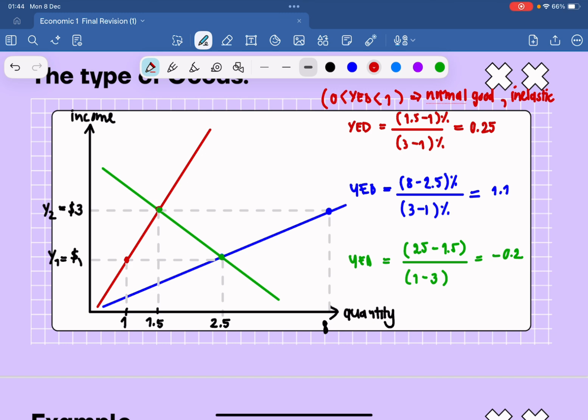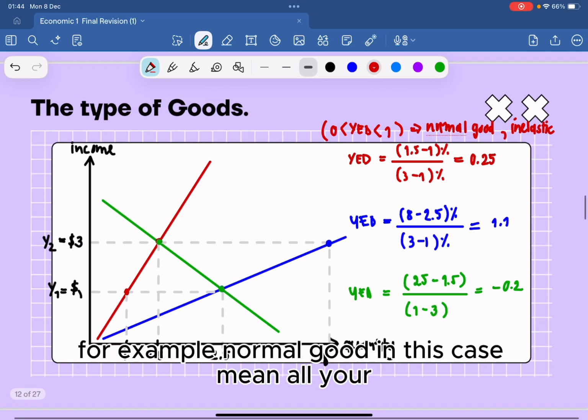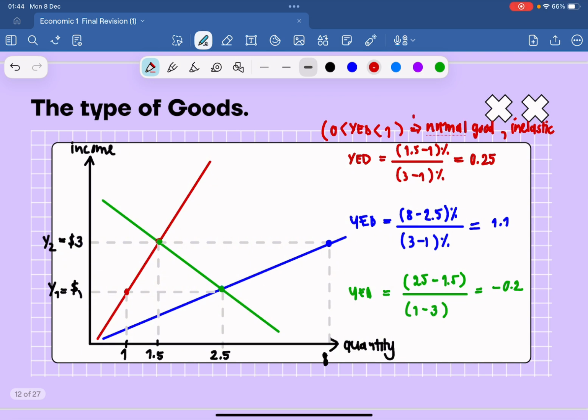Okay, for example, normal good in this case means all your necessities.